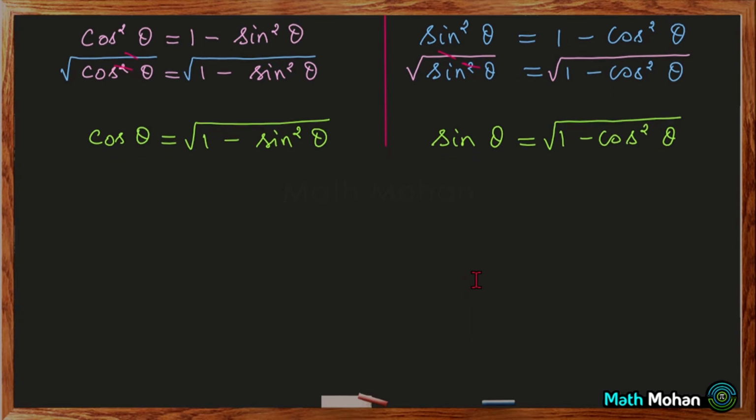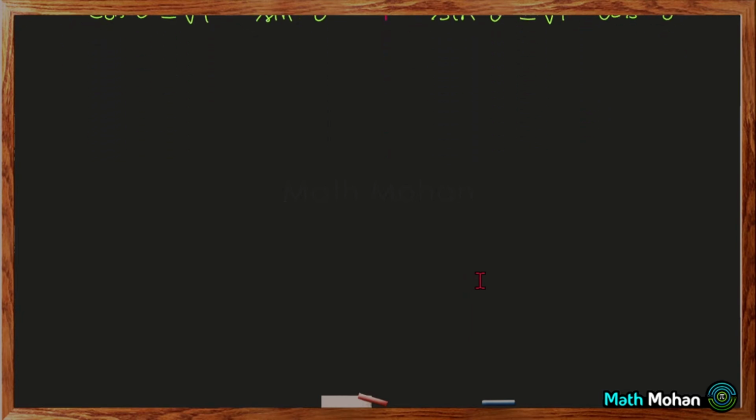And the next identity, identity 2. What is identity 2? 1 plus cot square theta equal to cosecant square theta. In what way can we write these identities?